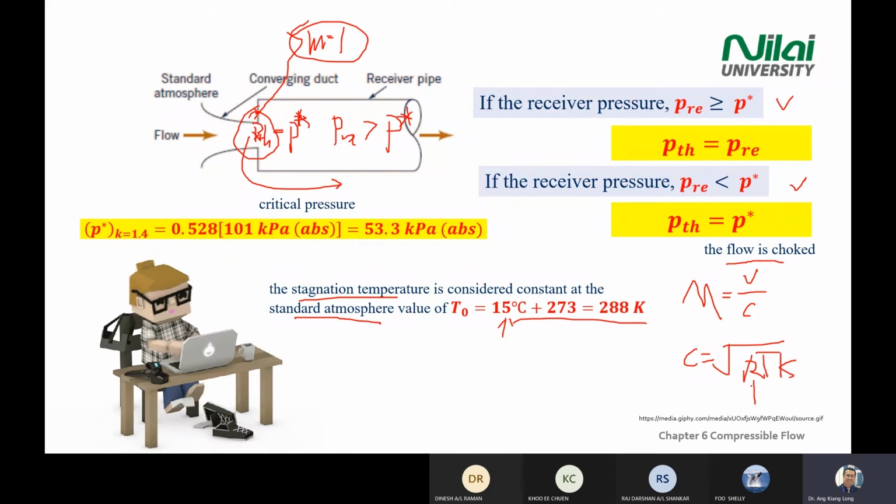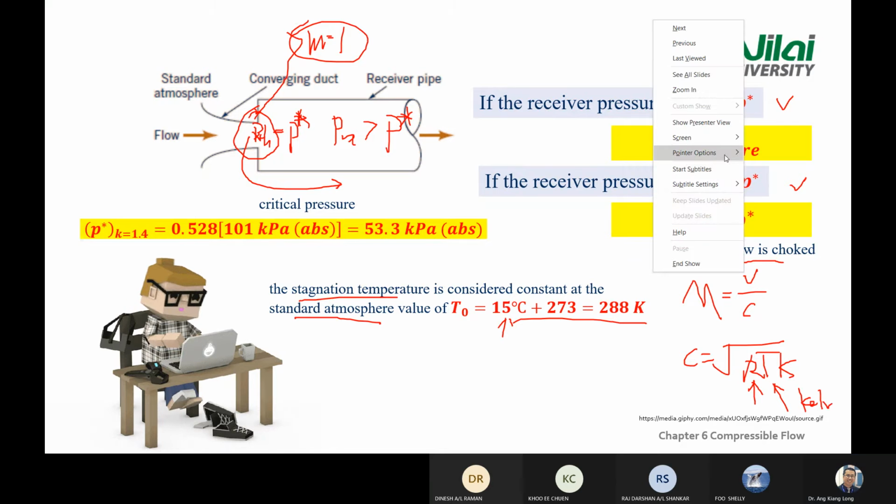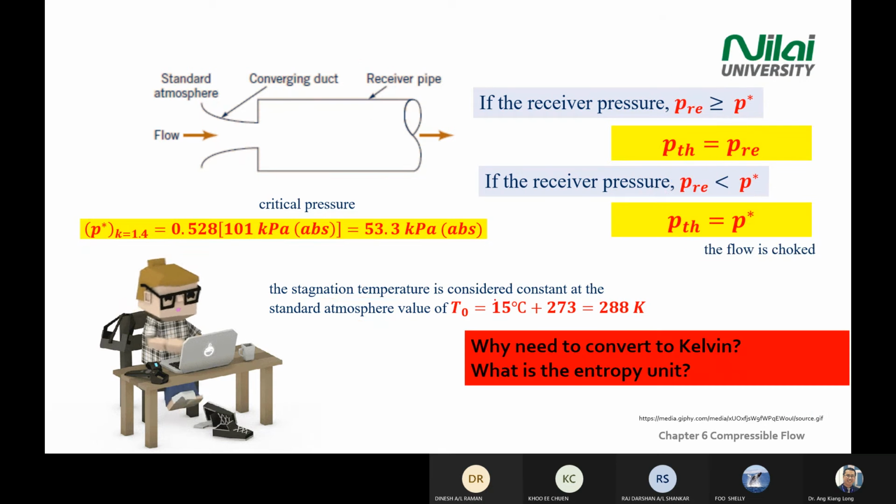The R value here is in Kelvin, so your temperature must be put in Kelvin. Just take note of that. Also, since you are looking at isentropic, entropy is also in Kelvin units. It's just a highlight for you.